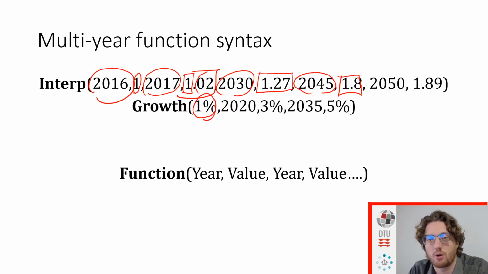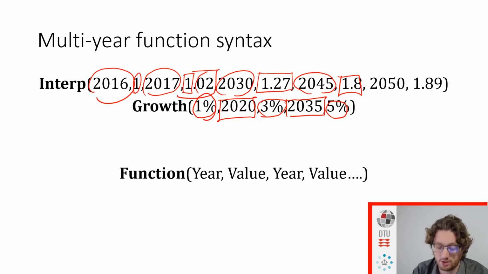So here it's growing at 1% per year, and then in 2020 we will change that to 3% per year, and that will occur until 2035, where it will start going 5% a year. So that is what we have here.